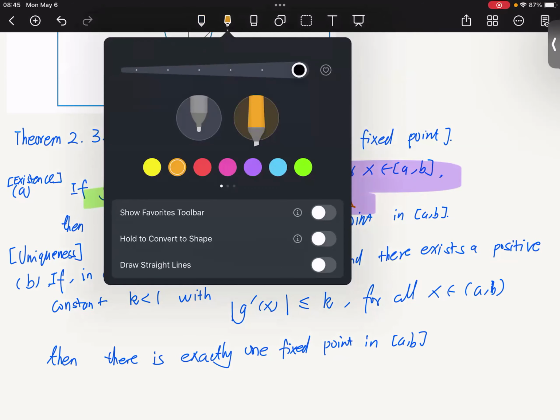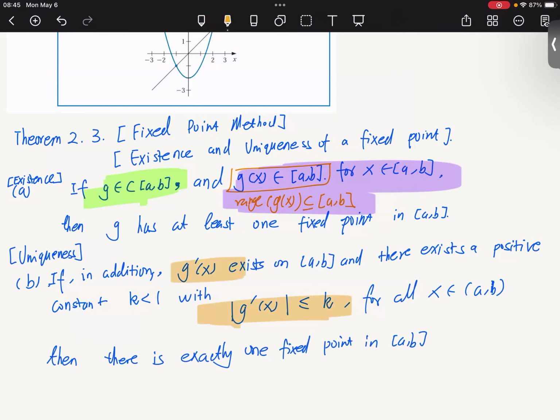I'm going to skip the proof for this one today because we just need to understand the theorem well. The first part is the existence, and the second part is the uniqueness.